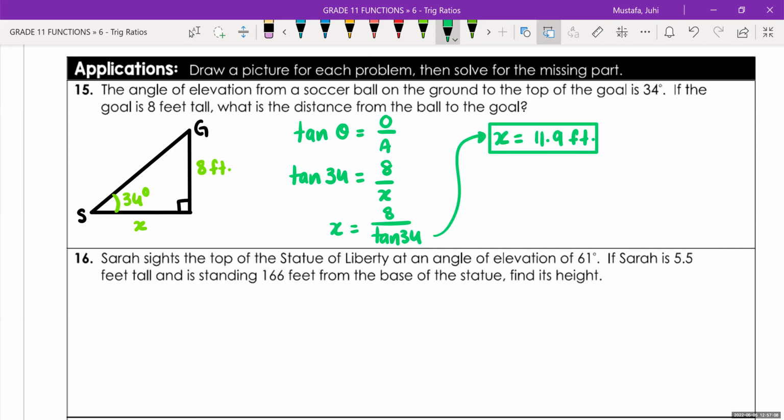And I end up getting 11.9 feet. This is a word problem. You should probably write a therefore statement on a test, and then here will be fine. Did you guys get 11.9 feet?